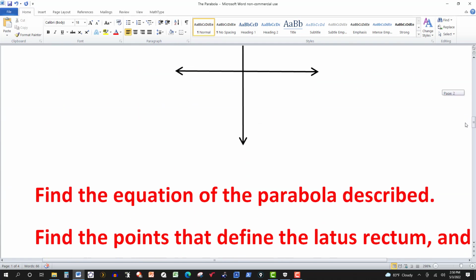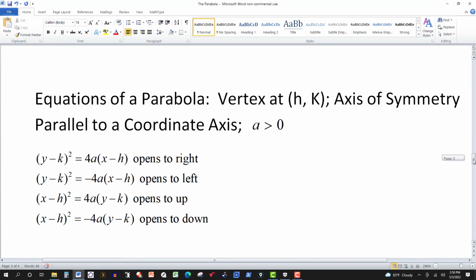So let's look at the general form, or the standard form. Equations of a parabola: vertex at (h, k), axis of symmetry parallel to the coordinate axes. Now if the vertex is at (0, 0), then this first one would just be y squared equal to 4ax, and it will open to the right.